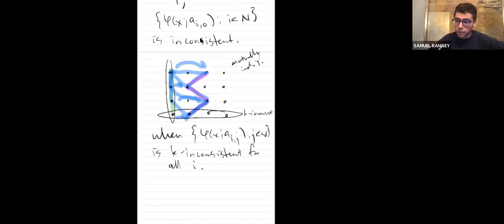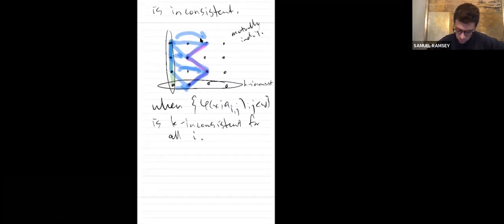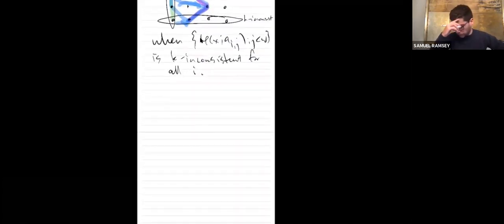So the n I get from compactness will depend on k, 100%. Okay, so now let's find our n. Let n prime be the max of n here that we got, and then k.